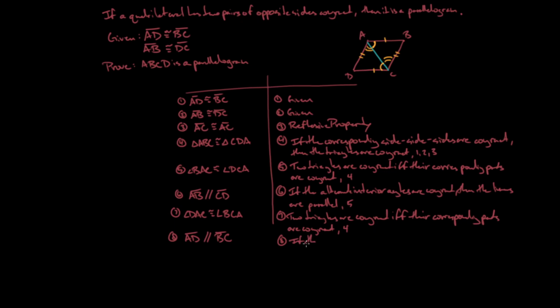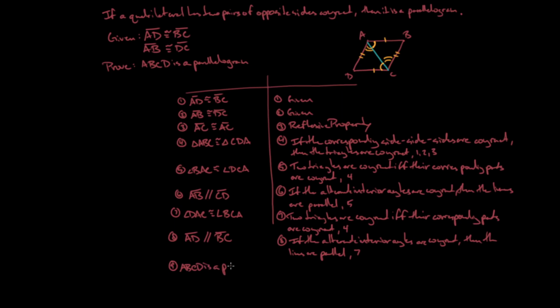If the alternate interior angles are congruent, then the lines are parallel. This comes from 7. Now that I've proven that both pairs of opposite sides are parallel, I can finally say what I wanted to, which is that ABCD is a parallelogram.